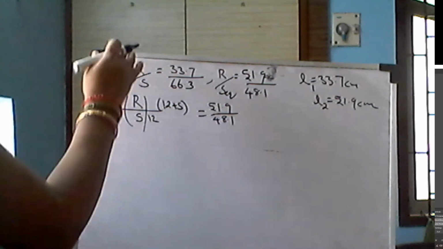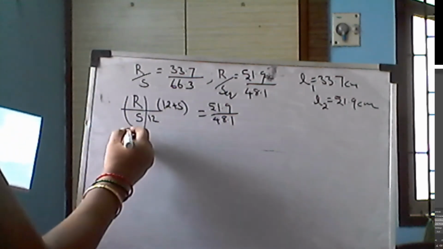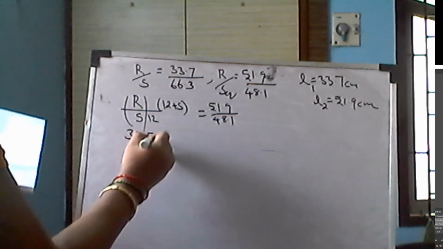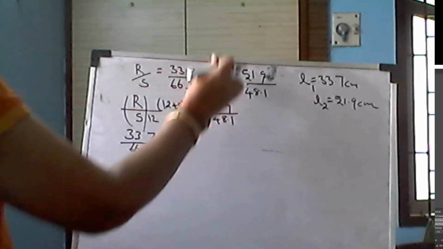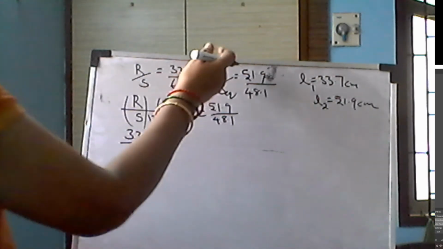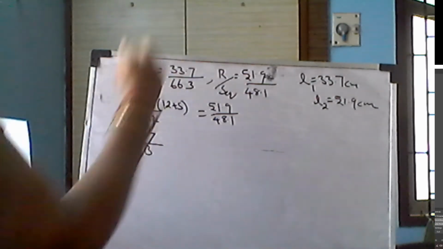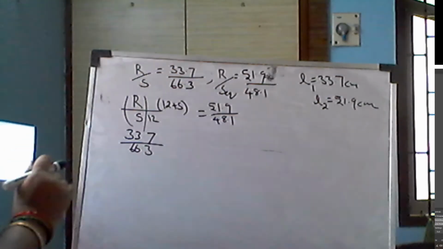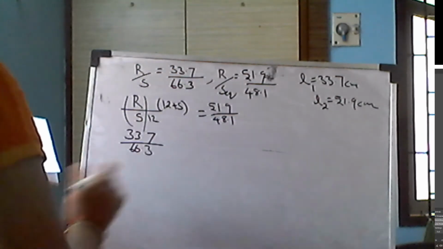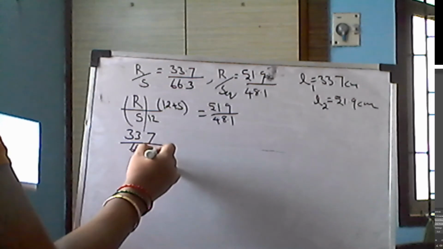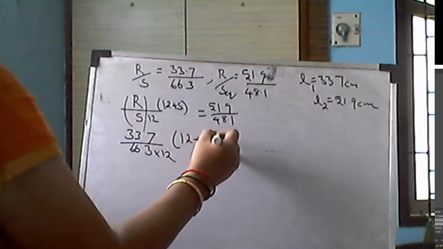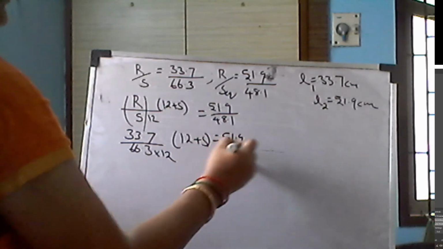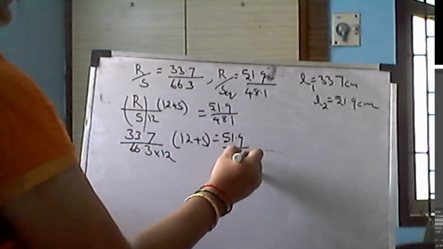R by S is 33.7 divided by 66.3, because this is R divided by S, and the other is R divided by S equivalent. I was mixing them up. Now 33.7 into 12 plus S divided by 12 is equal to 51.9 divided by 48.1.